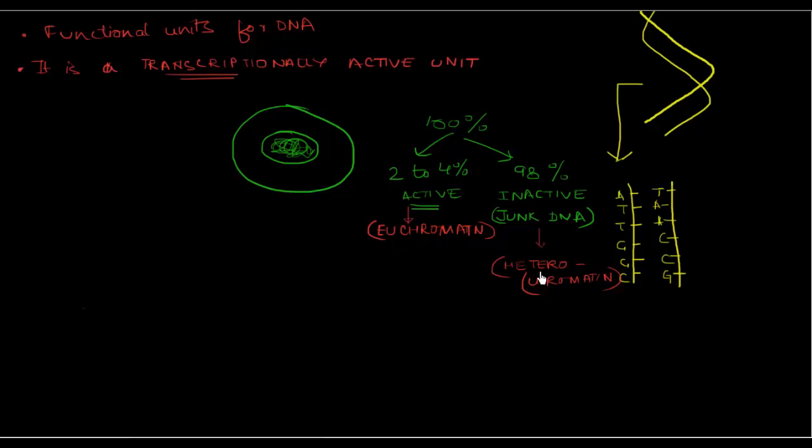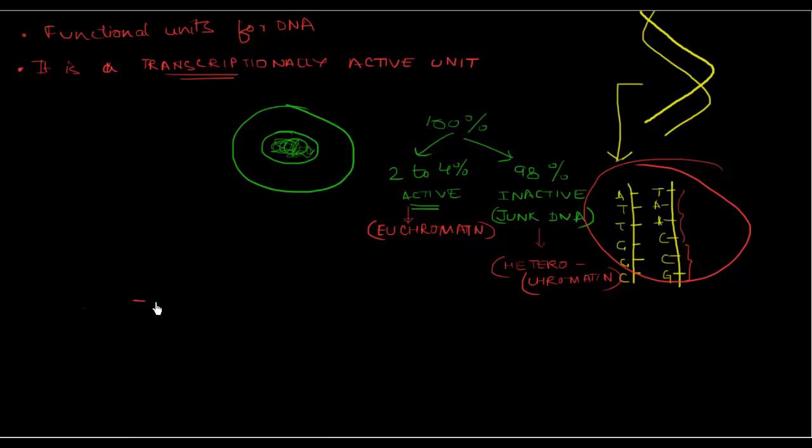Again, I would like to go back to my structure of the DNA. If this is the DNA and this is the arrangement of the nitrogenous bases, then part of it could be active. Let's say this is the active portion of the DNA. This active portion is our euchromatin region, and this is considered the heterochromatin, or just the junk DNA.